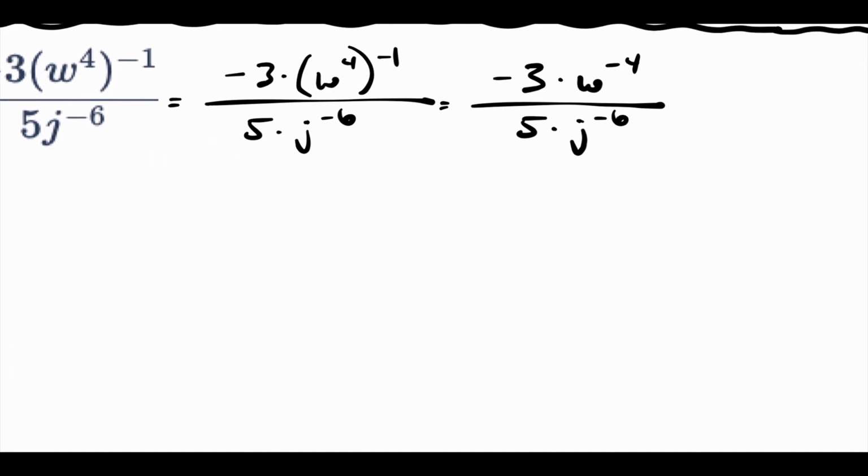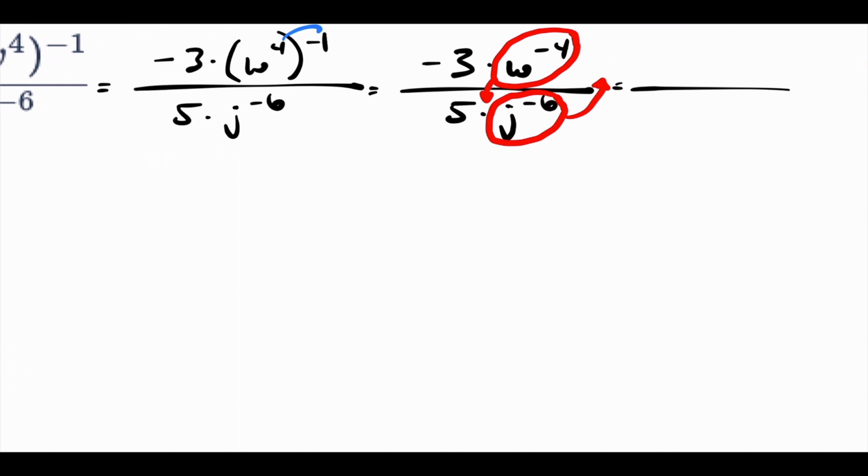Parentheses are gone. Negative exponents. J to the 6th is going to be on top because it's positive now.